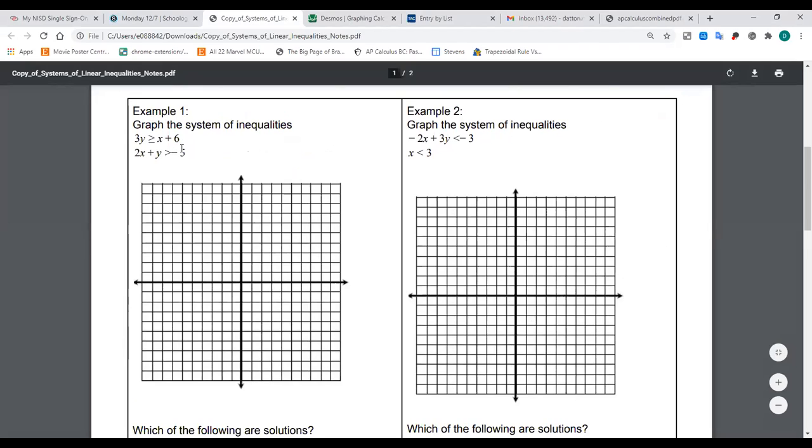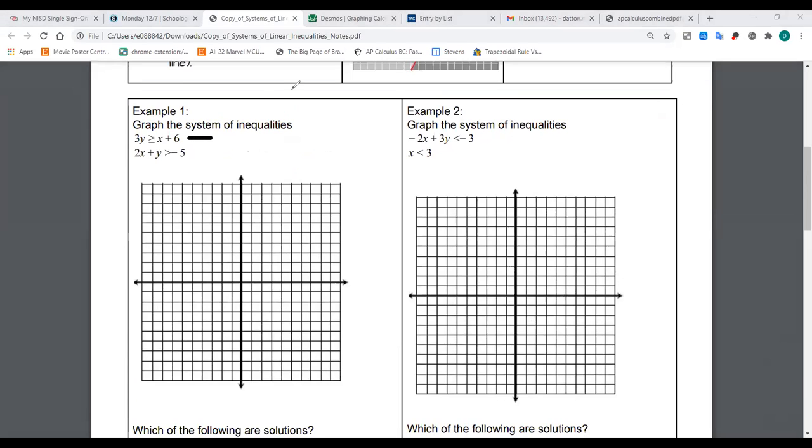Again, it's already written for you in a semi-standard form. Like the first one here, all I have to do is divide by 3.